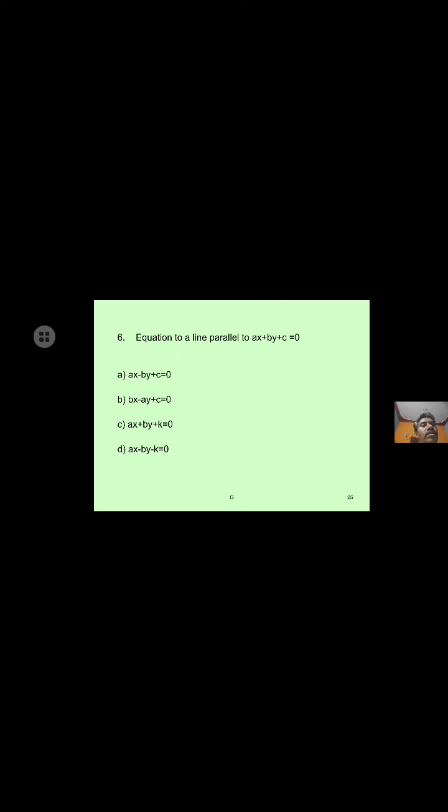And in the third, ax plus by plus k equals 0. So the third is matching, because the x and y coefficients are the same, only the constant is not the same. So we can say the line parallel to ax plus by plus c equals 0 is ax plus by plus k equals 0. So the answer is C.